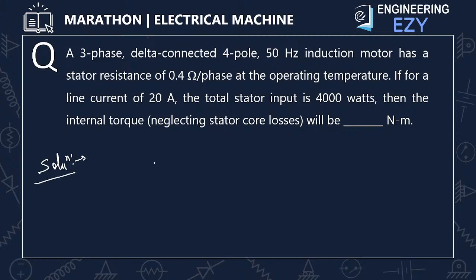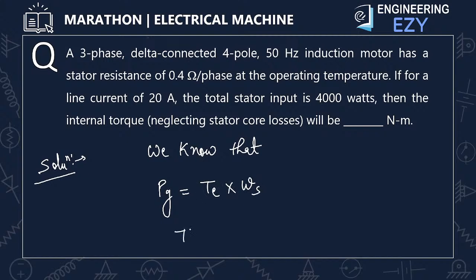We know that Pg, the air gap power, is equal to the electromagnetic torque multiplied by omega. The electromagnetic torque T is also called the internal torque. So the electromagnetic torque is Pg upon omega.